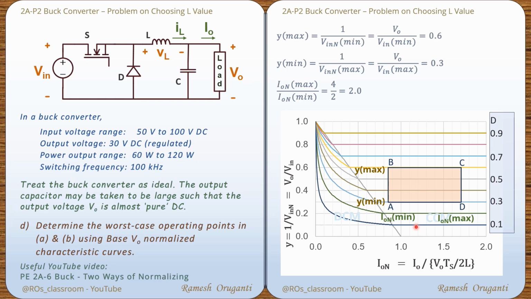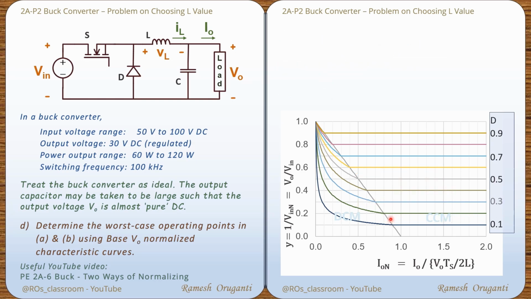All the operating points of the converter fall within the rectangle ABCD. We can notice that point A, that corresponds to ION minimum and Y minimum, is the closest to the CCM-DCM boundary. Now we will use this idea in determining the L minimum value.